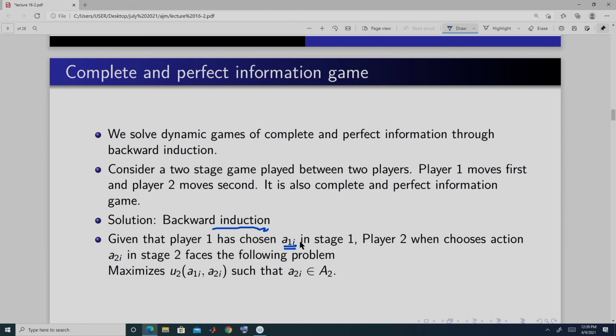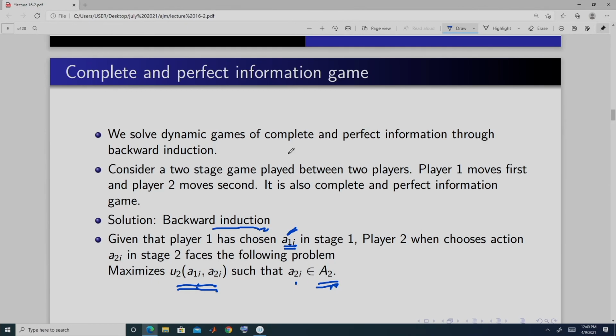So, we will first go to the last stage, that is in this case stage 2. Suppose player 1 has chosen an action in stage 1. Then player 2 is going to maximize its payoff function by choosing an action which belongs to its set of actions. Okay. So, given an action of player 1, that is A1I, in stage 2 player 2 is going to maximize this, such that this action belongs to this set of actions.